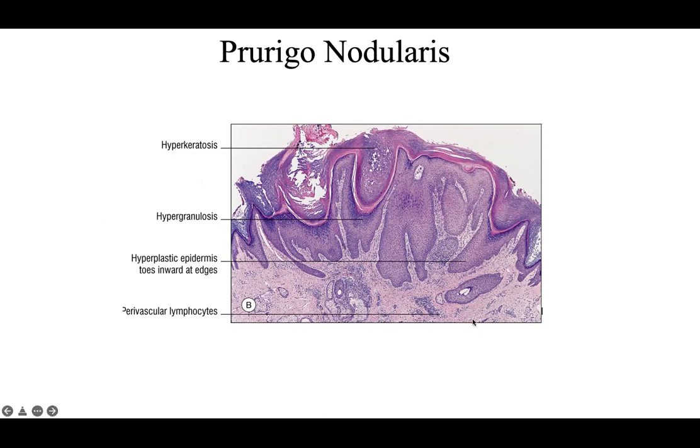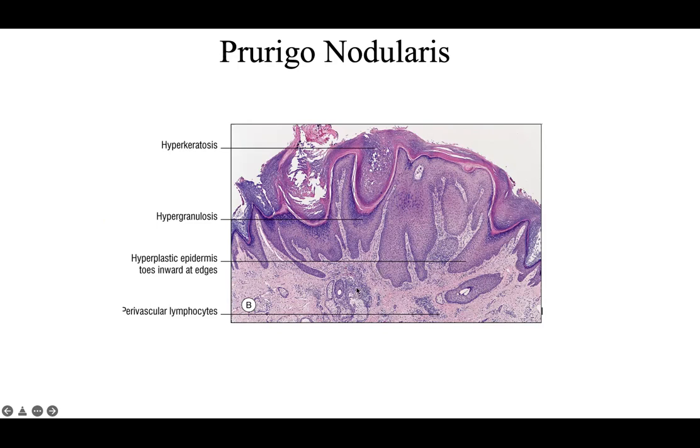This is another example too of just how regular it is, and at least on the cytoplasm here, it's not very glassy in terms of the atypia. So this is clearly a prurigo nodule and never to be confused for a squamous cell carcinoma. However, there are some overlaps with atypical glassy proliferation.